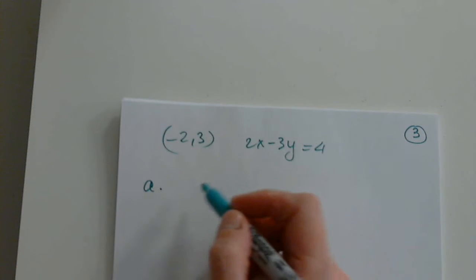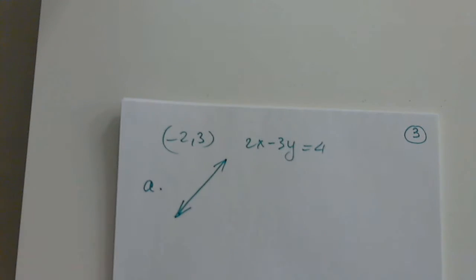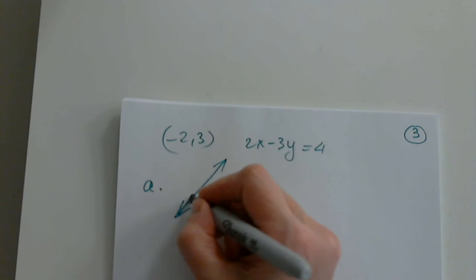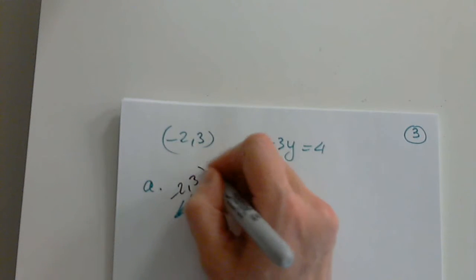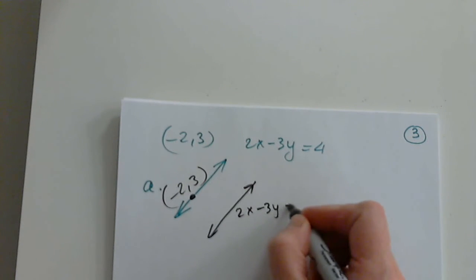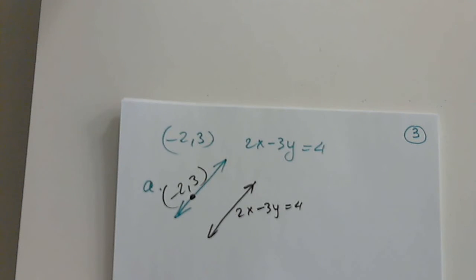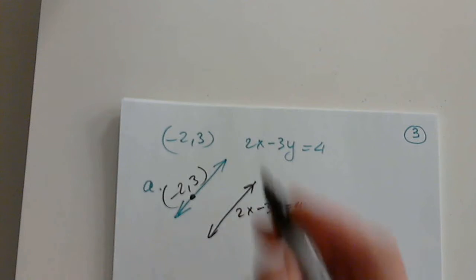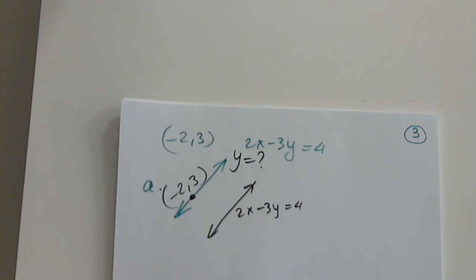In part A, the scenario is this. I'm not graphing the line, I'm just giving you the idea. In the first situation, the lines are parallel, and the line that I am trying to find the equation of is that.